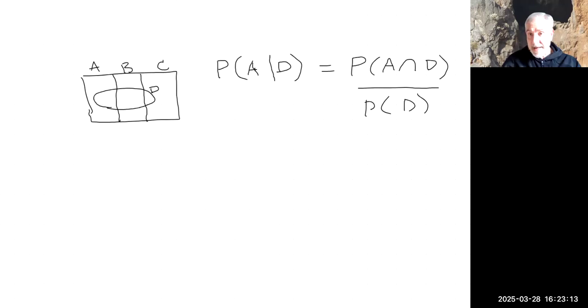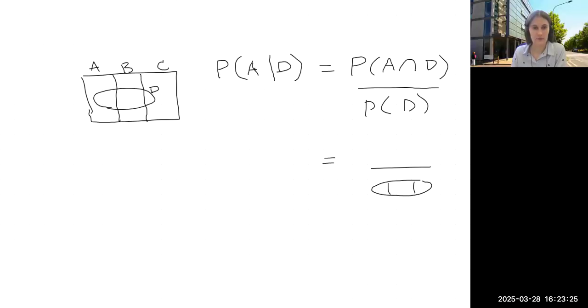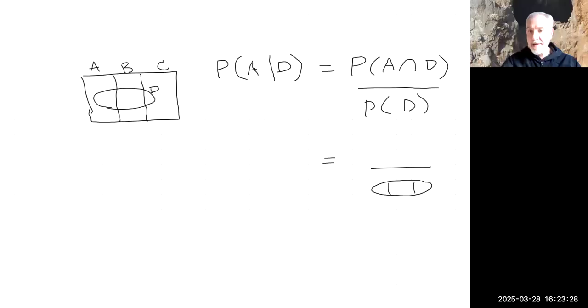So basically we can say this bit right here is that reduced sample space, since we know that we're in D, we know that it's defective. And this numerator would just be that intersection. Sorry, that's not what the intersection looks like.